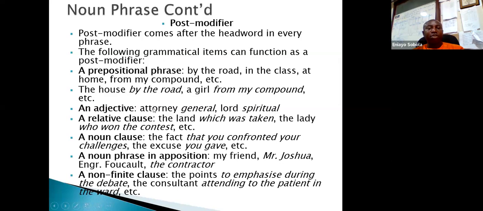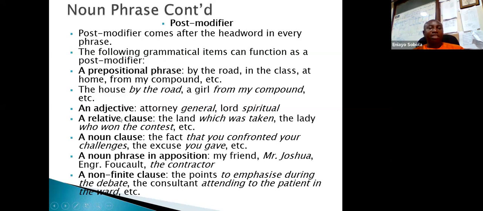Example, we have attorney general, Lord spiritual. Here, attorney is the head word, while general is an adjective that post modifies. We have Lord spiritual. Lord is a noun, which is the head word, while spiritual is an adjective. And there are some other expressions in that manner.